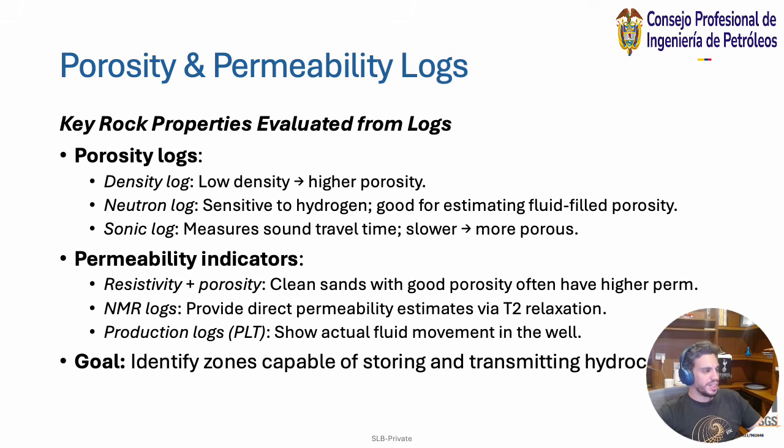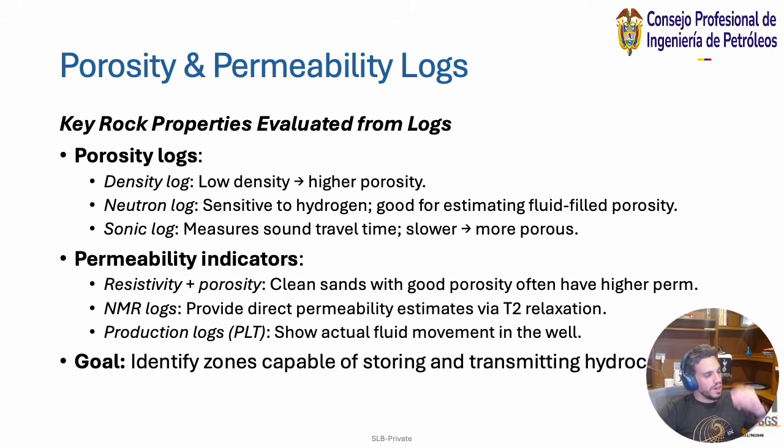Now my permeability indicators: I have the resistivity and porosity, where basically clean sands with a good porosity often have higher permeability. Again, we said earlier on that that's not an absolute, but it is something that we do see in nature: the better the porosity, generally the better the permeability, right?